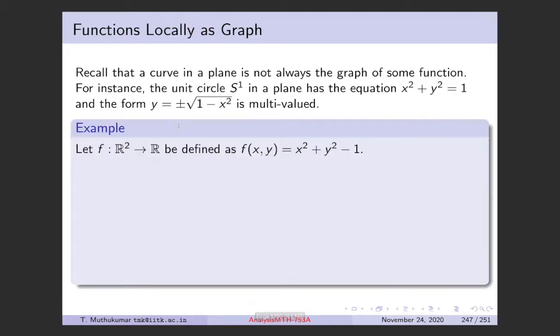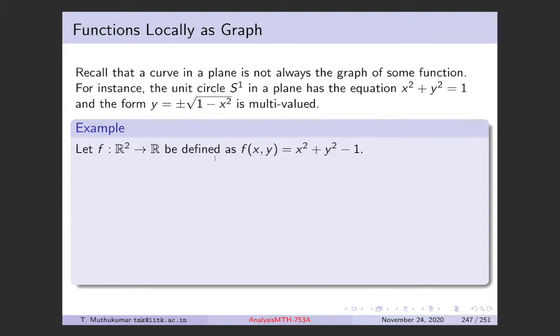But the point is, it's locally a graph, and that's what the inverse function theorem has told you, that though these are not graphs, locally they can be seen as graphs. So functions are locally like graphs.